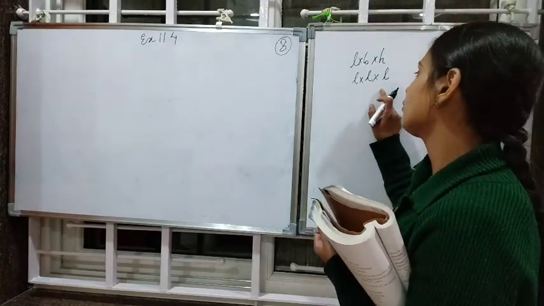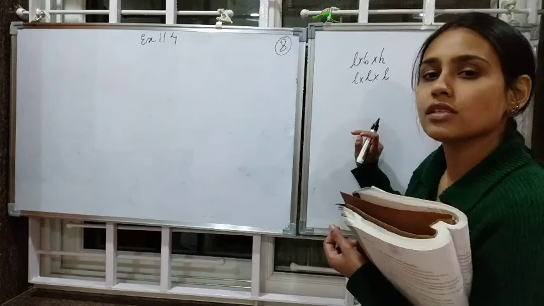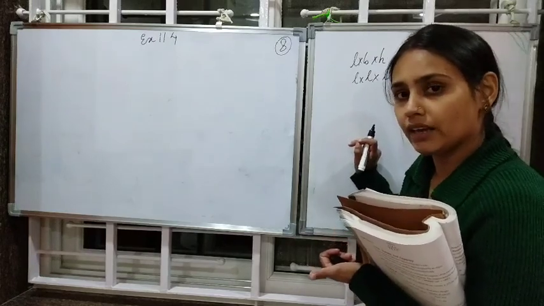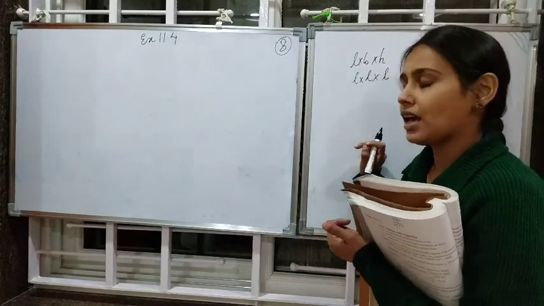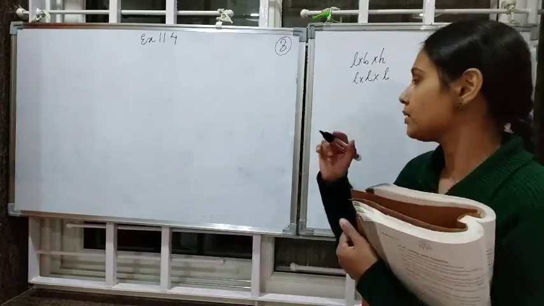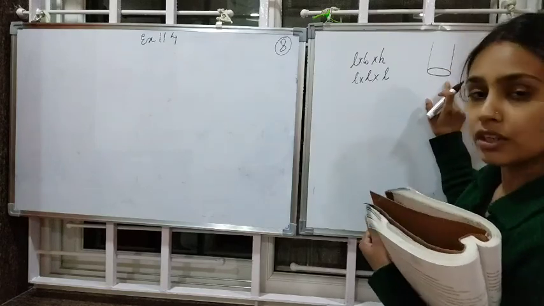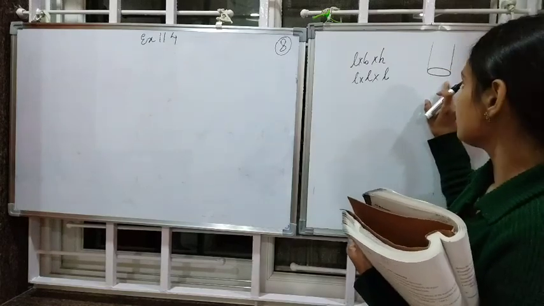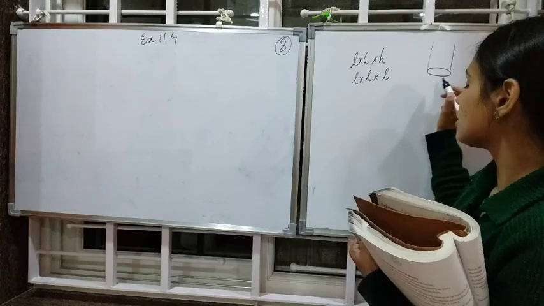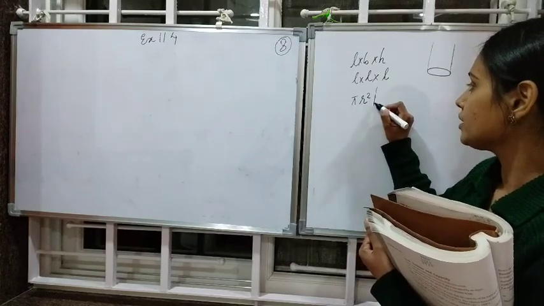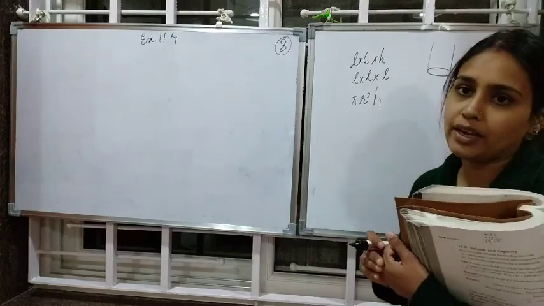Then if we talk about the cylinder, the volume is given by the area of its base and height. The area of its base means, we all know the cylinder is circular at the bottom, right? So the area of this circle, that is pi r square, multiplied by height, that is pi r square h.